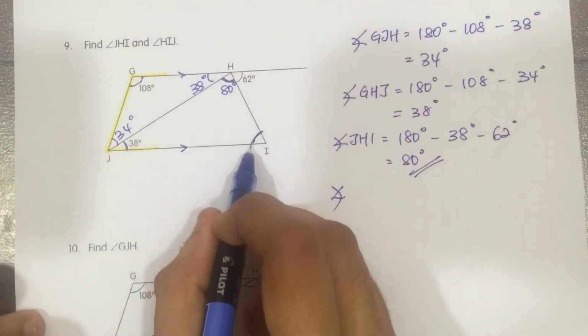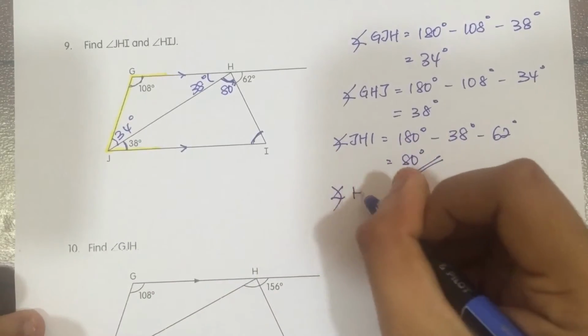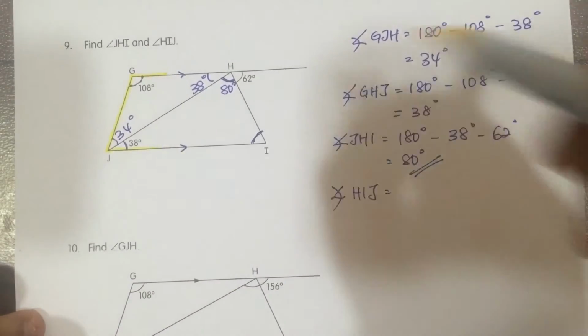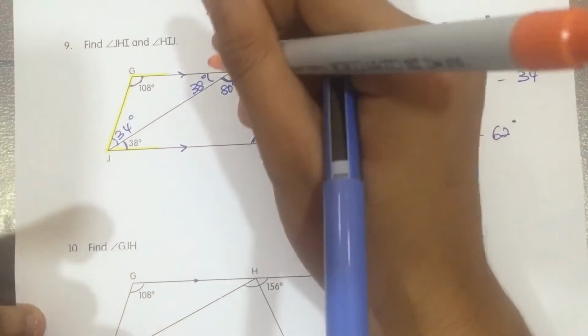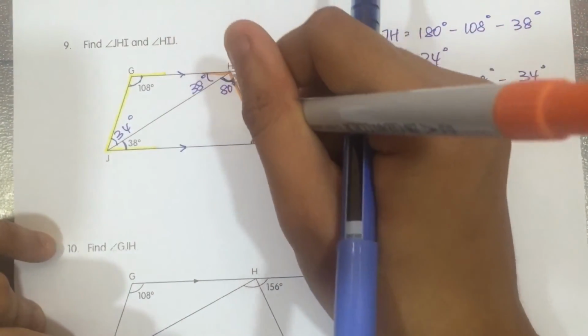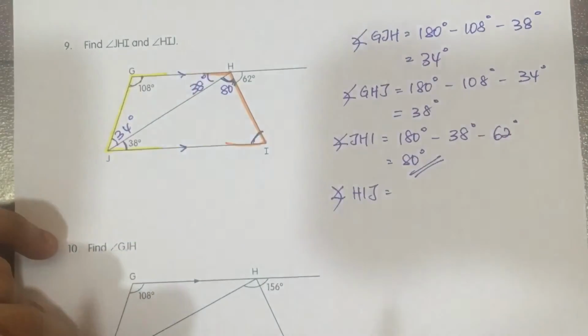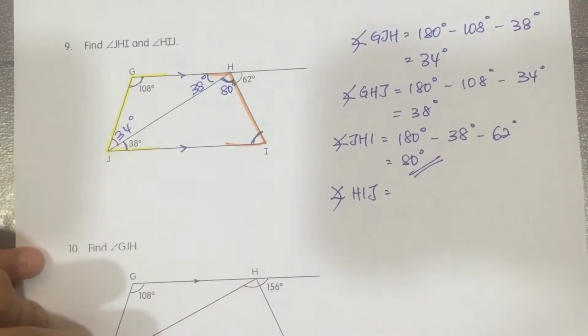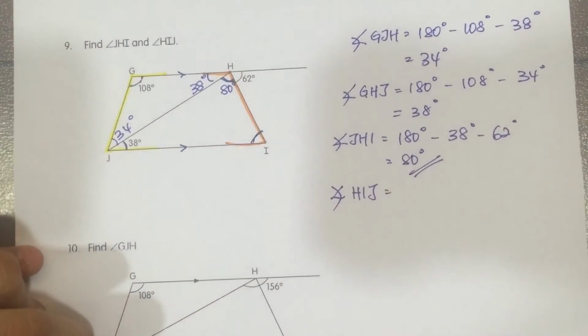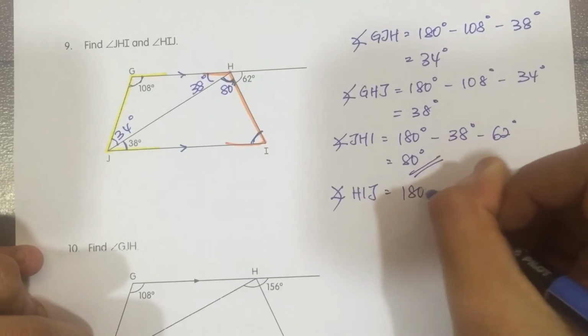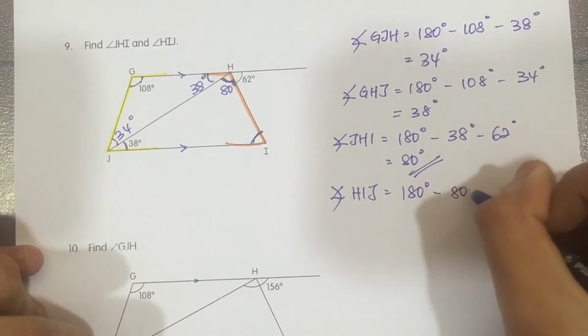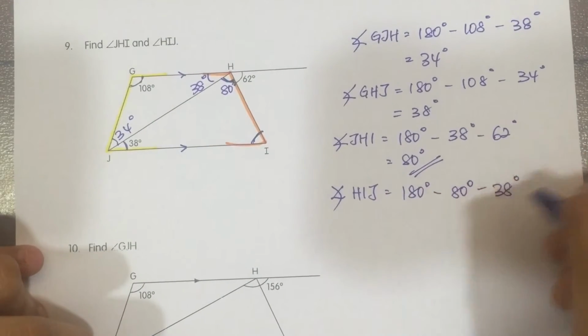And now if I want to find this angle, which is HIJ, I can use this property of angles in a trapezium. Angles in between parallel lines is 180 degrees. So HIJ is 180 minus 80 minus 38 degrees.